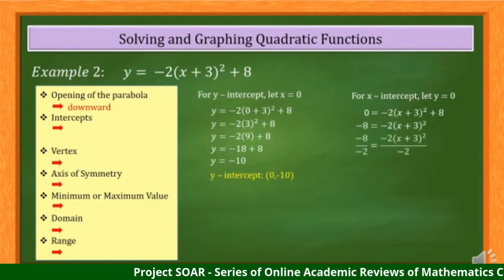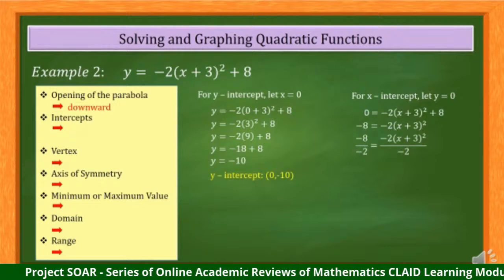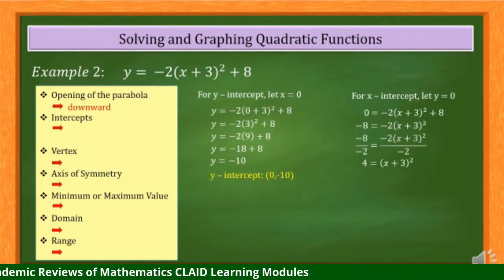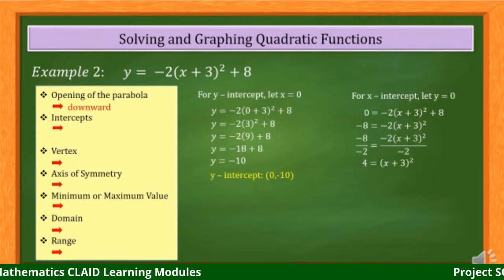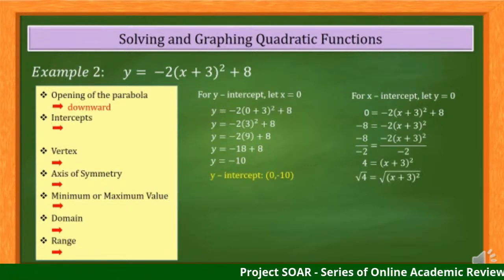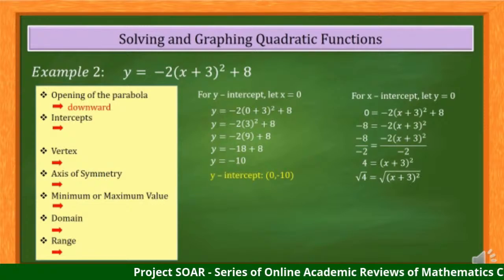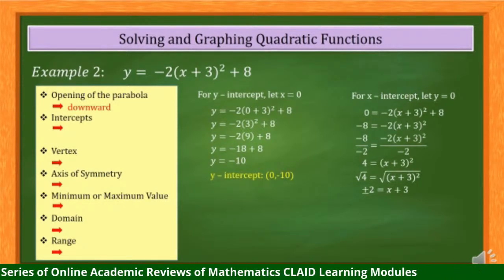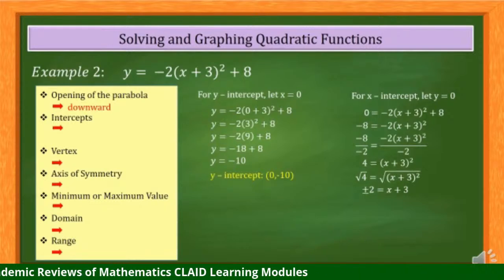Then, divide both sides by negative 2. The answer is 4 equals x plus 3 squared. Then, get the square root of both sides. We have the square root of 4 equals the square root of x plus 3 squared. So the answer is positive or negative 2 equals x plus 3.